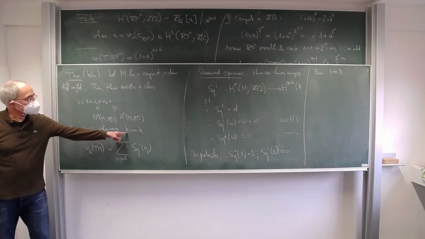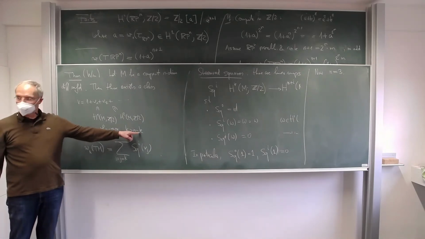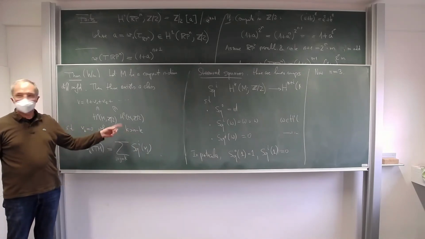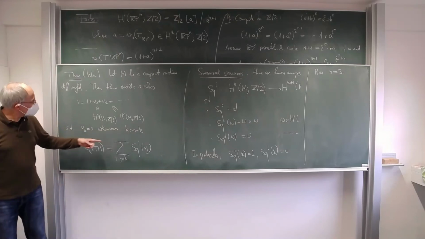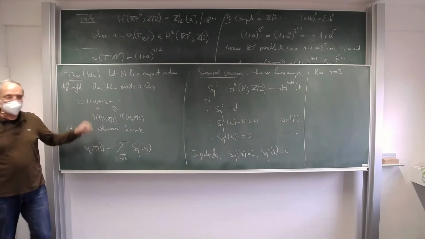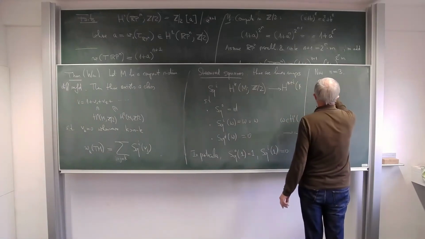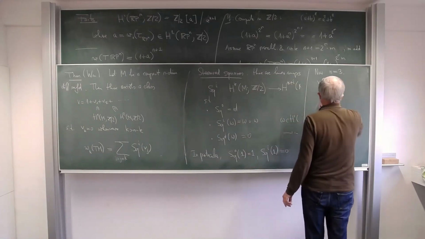This condition here is already satisfied for k equals 2. 2 is larger than 3 minus 2. And of course also for all larger k. So the only contribution actually in the Wu class, in the three-dimensional case, is the v1. So in this case we have the Wu class is 1 plus v1.